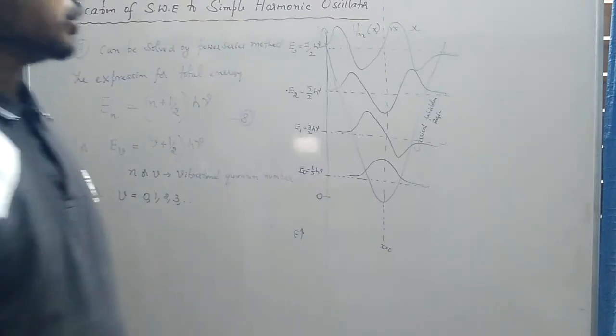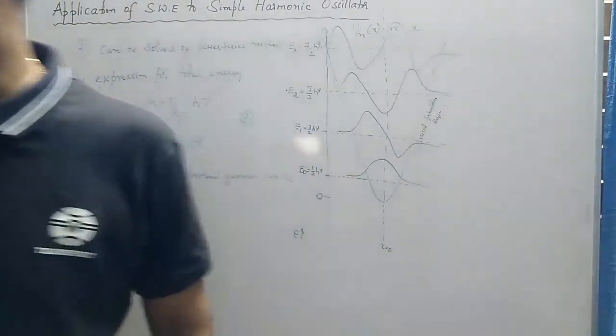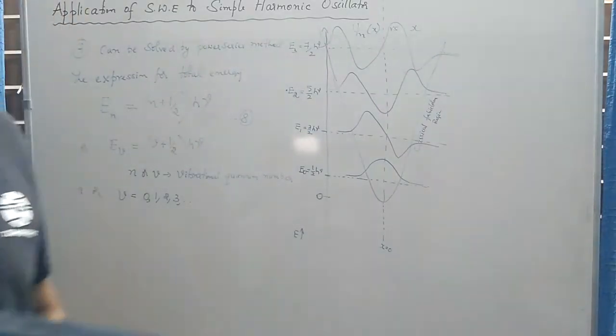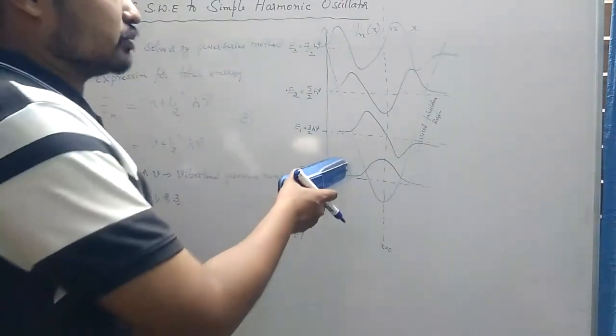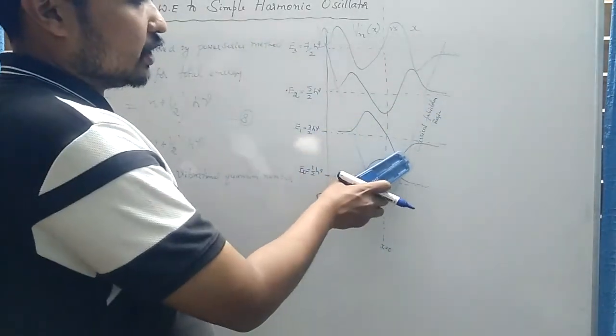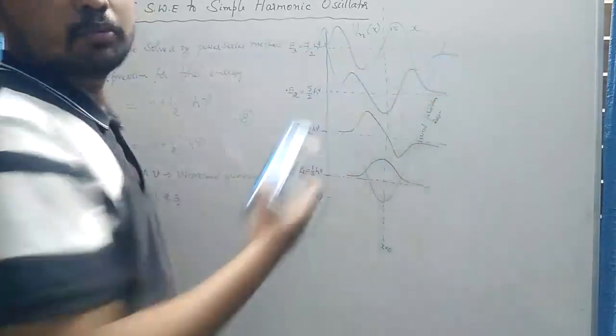What is more interesting is the plot of psi square versus x. What we have to do is just take the square of this graph. So whatever negative phase you had here, if I take the square, it becomes positive.